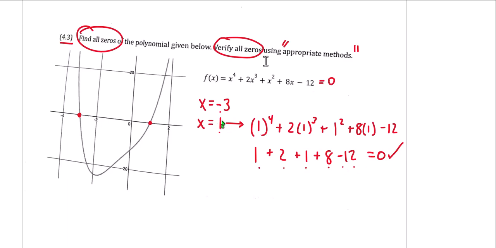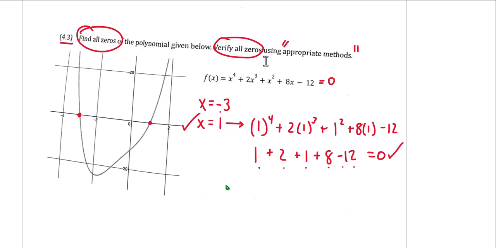And we just confirmed that this 1 value for x will produce an f of x or output value of 0, and therefore x equals 1 is indeed a 0 of this function. This 1 is an x value that will produce a y or f of x value of 0, and therefore this 1 is a 0 of the function.